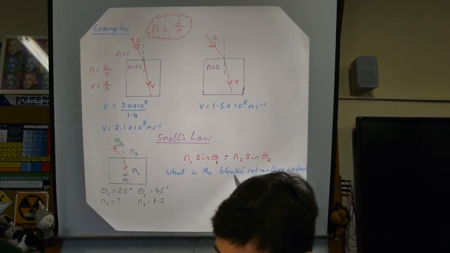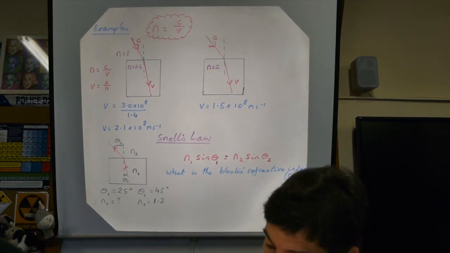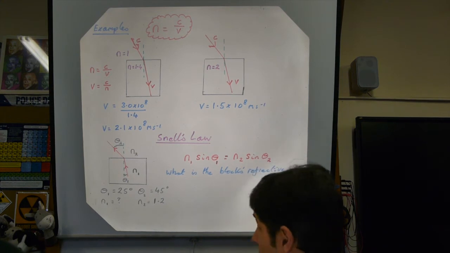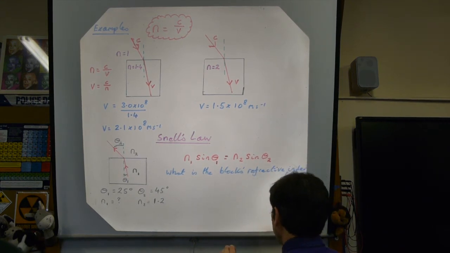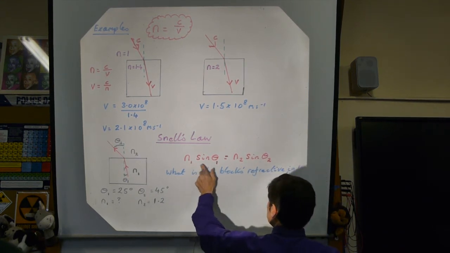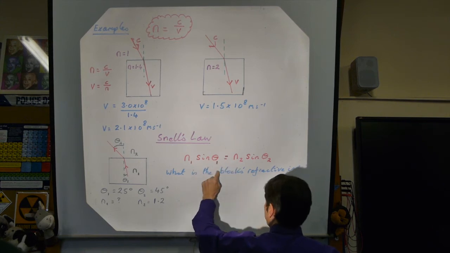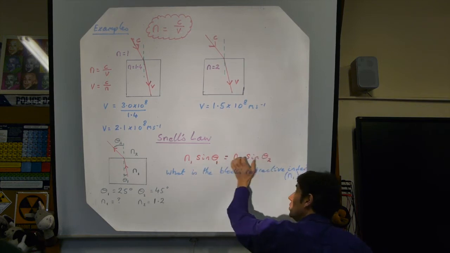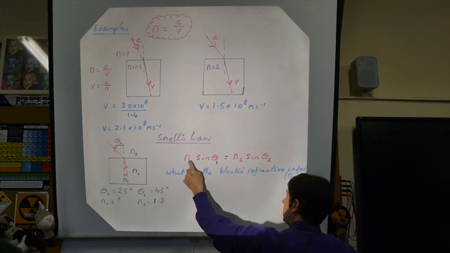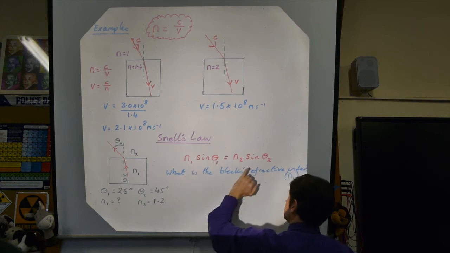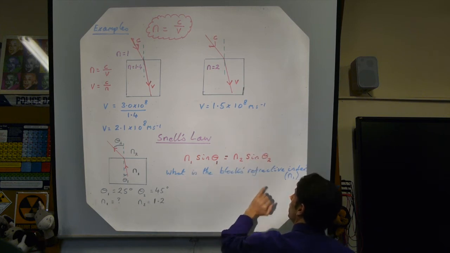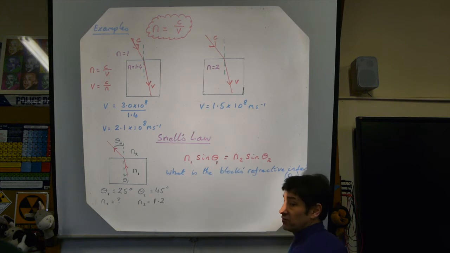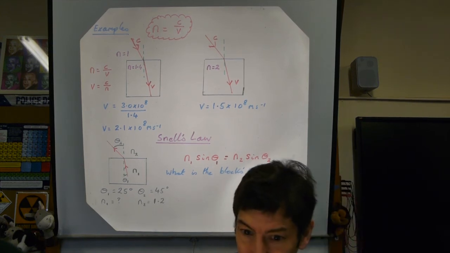So we've got our Snell's law equation. And just before I do the maths on this, which is really easy, of course, just look carefully that if I do N1 over N2, it's sine theta 2 over sine theta 1. So N1 over N2 is sine theta 2 over sine theta 1. They're sort of back to front, just something to notice there.